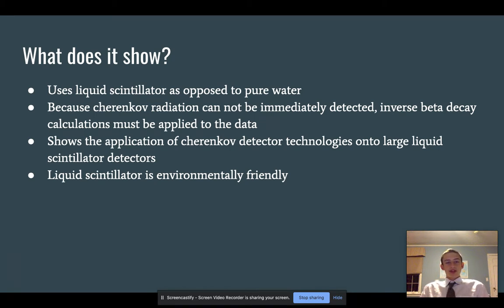Because Cherenkov radiation cannot be immediately detected, the inverse beta decay calculations must be applied to the data, so you need to do a lot of math to process the data. It also shows the application of Cherenkov detector technologies onto large liquid scintillator detectors, and it was environmentally friendly. It wasn't polluting or anything.